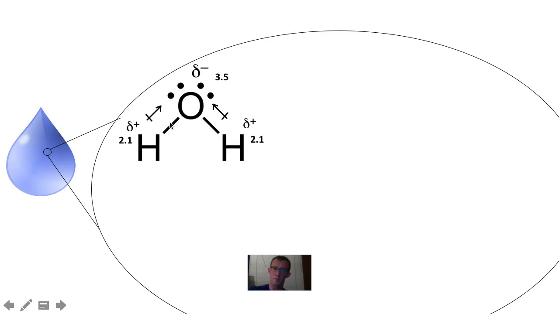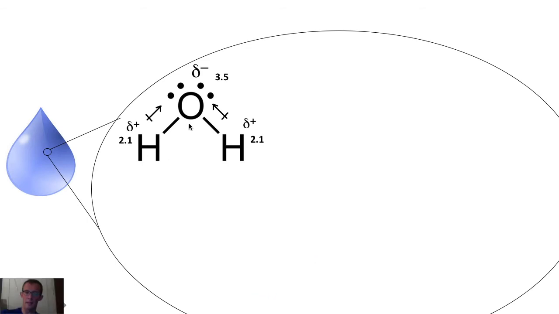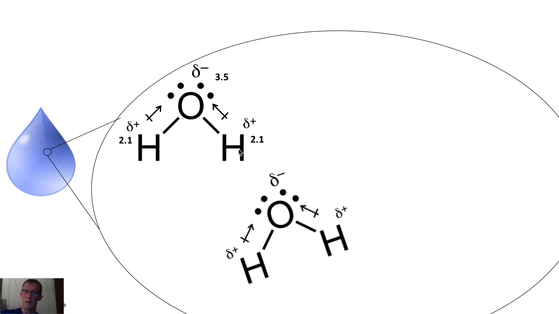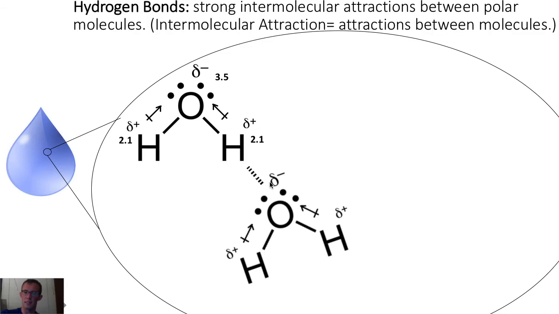And so as a result, the electrons that oxygen is sharing with the hydrogens attract slightly closer to itself, making oxygen slightly negative and the hydrogen slightly positive. And this allows the water molecule to attract other water molecules. The slightly positively charged hydrogens can attract to the slightly negatively charged oxygens. And in water, we call this attraction between molecules a hydrogen bond.